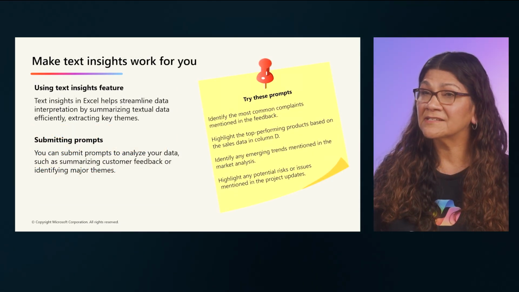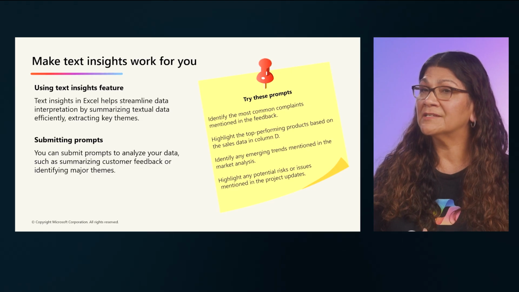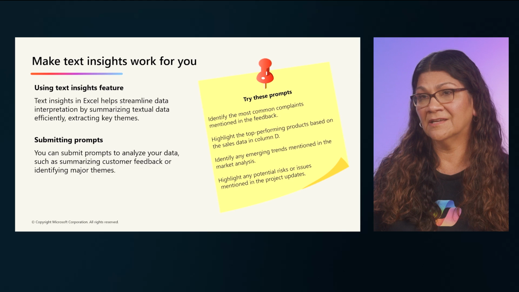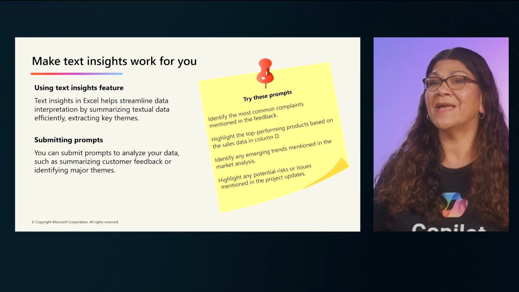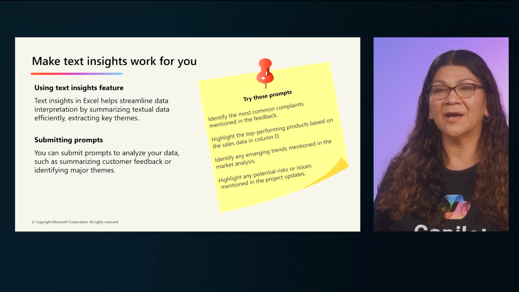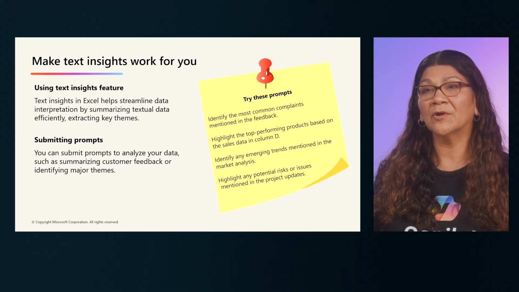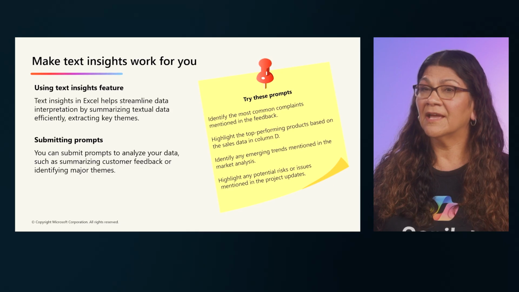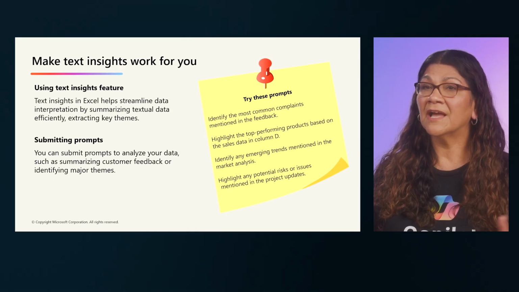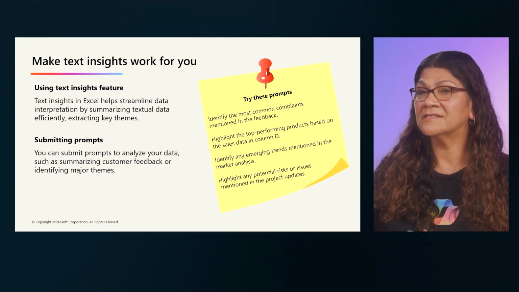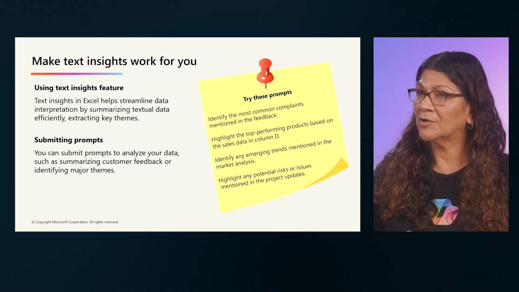Text insights in Excel put Copilot to work on one of the hardest types of data to analyze: text. Instead of manually reading through rows of comments, descriptions, or URLs, Copilot can quickly summarize textual data, extract key themes, and surface insights using simple, natural language prompts.